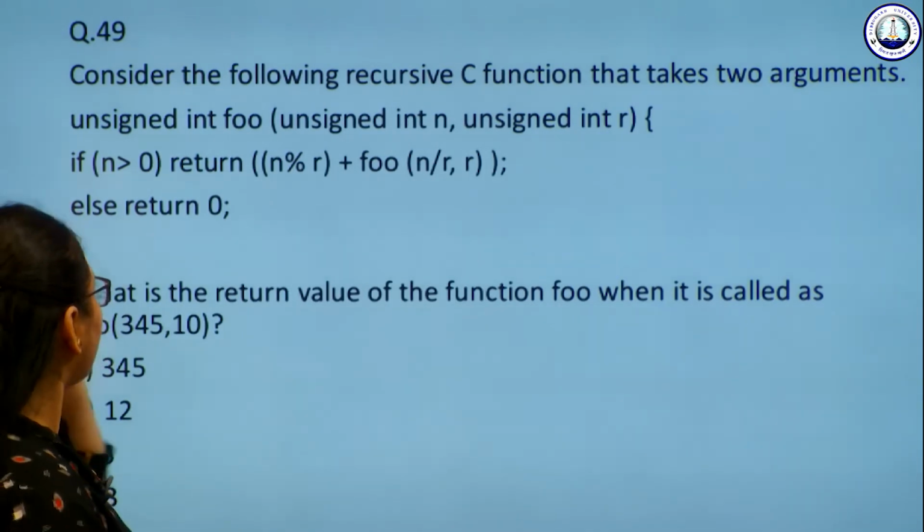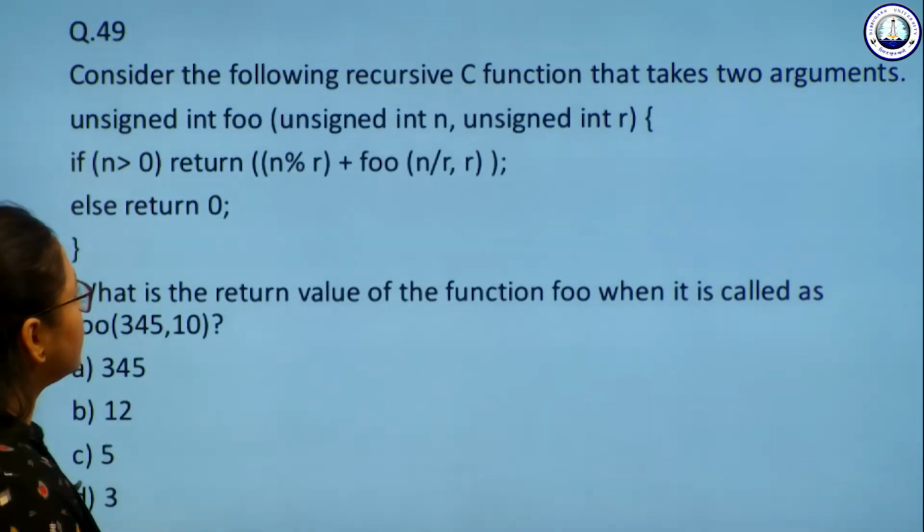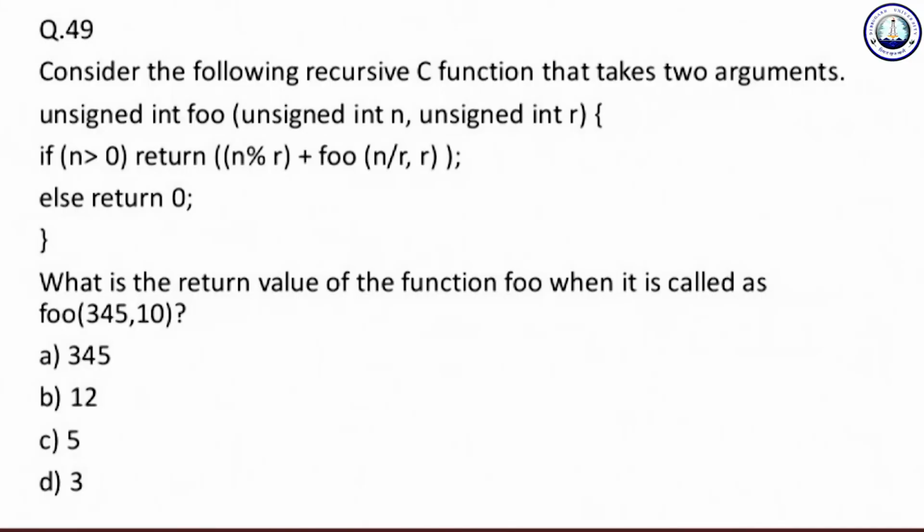Now we are going to discuss question number 49. Here a recursive C function is given, and this function is declared here. This is for your n, this is for your r.